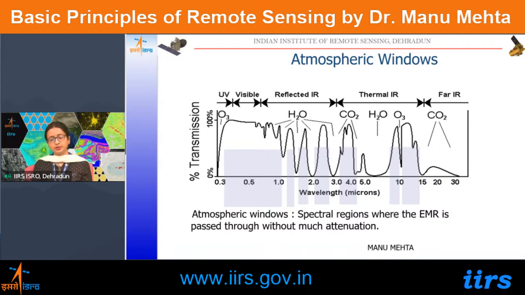More than 95% of the signal is usually transmitted. Even 90% transmitted is also an atmospheric window region. So you can see the shaded regions are all atmospheric window regions. So what absorption has brought to us is we are left with only the atmospheric windows to do the remote sensing for Earth targets.